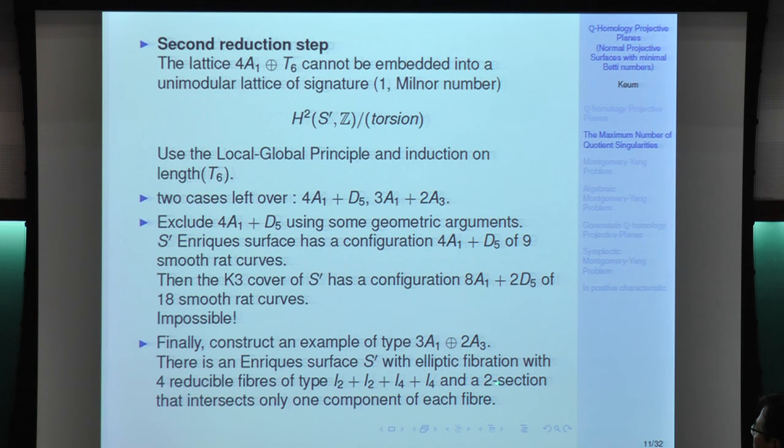So away from this 2-section, there are A1, A1, A3, A3, and then this section itself gives you A1. So altogether this is 3A1 plus 2A3. And now we know that any such example must come from an Enriques surface with this elliptic fibration. This was recently proved by Matthias Schütt.